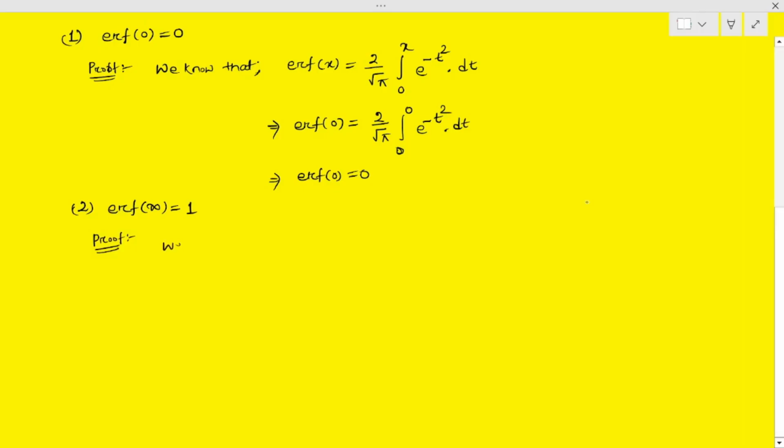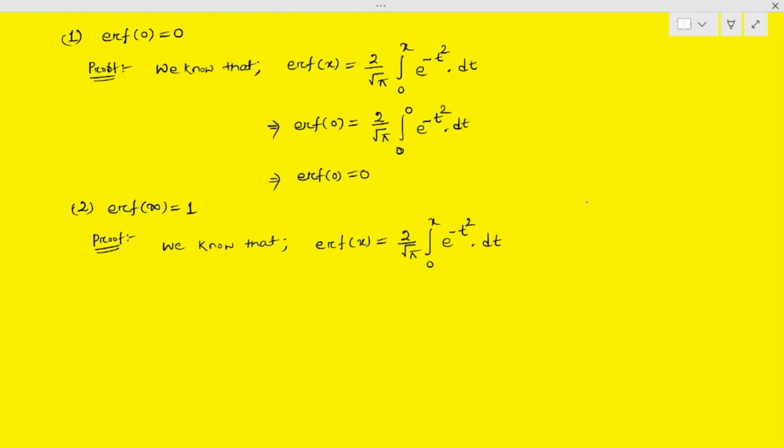Here we know that the error function of x equal to 2 by root pi, integration 0 to x, e to the power minus t square dt, right?